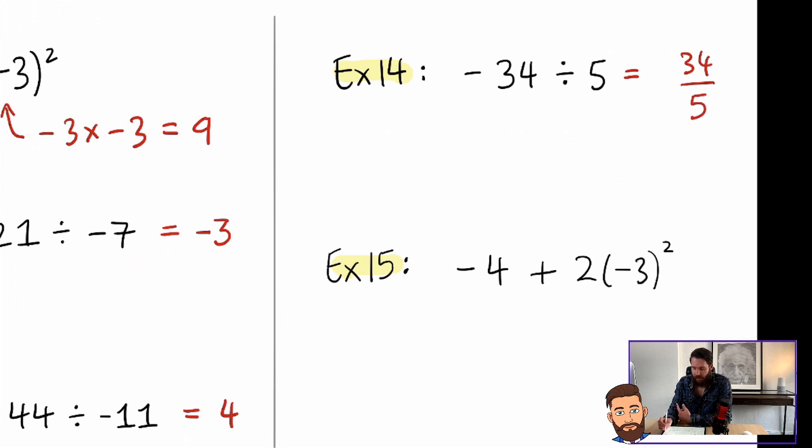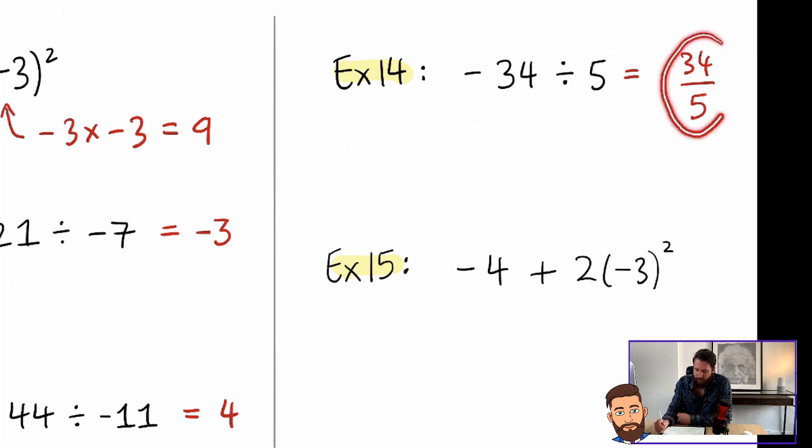But in this case, we don't need our answer to be a decimal. It doesn't say give your answer as a decimal. And a fraction and a decimal, remember, are the same thing. A half is exactly the same as 0.5. It's just a different way to say it or write it down. Okay. So 34 over 5 is a lot easier than doing a bus stop and trying to work out how many 5s are going to 34, making a decimal.